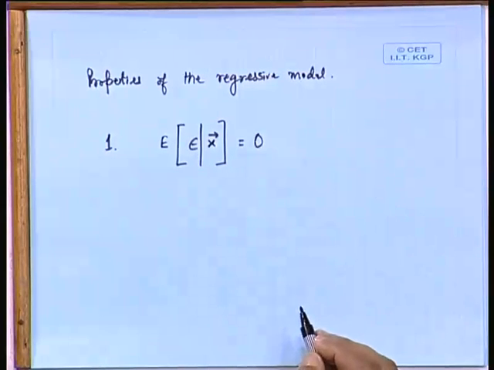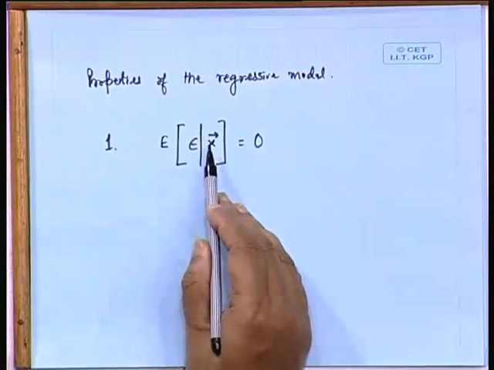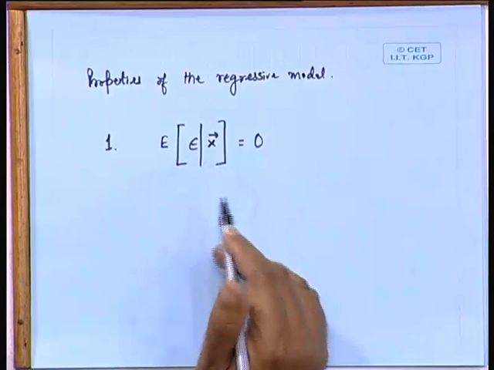That is the first property of the regressive model: the mean of the expectational error epsilon given any realization x vector is equal to 0.